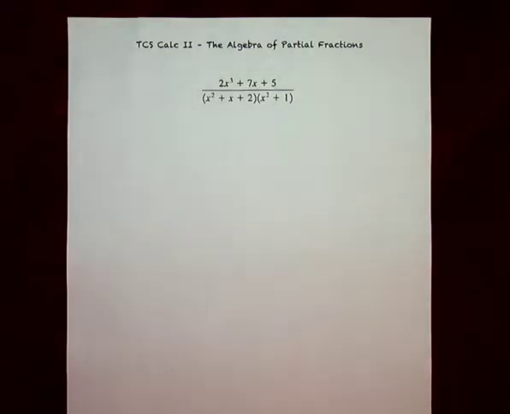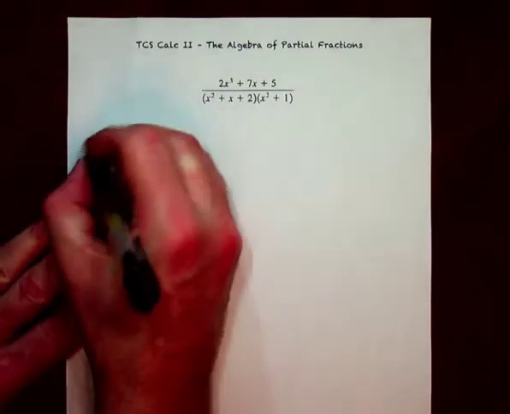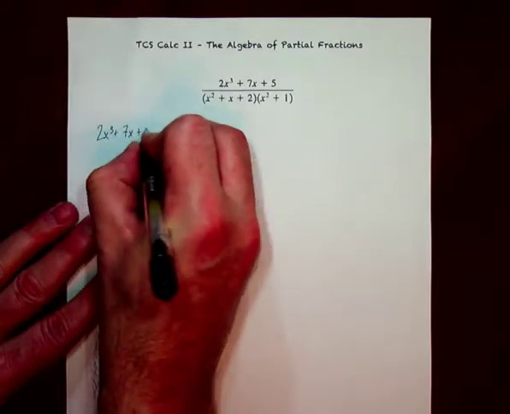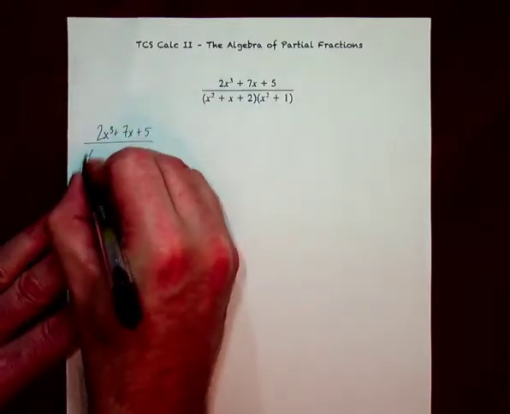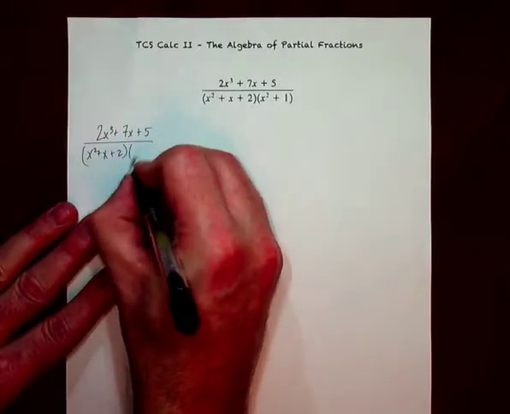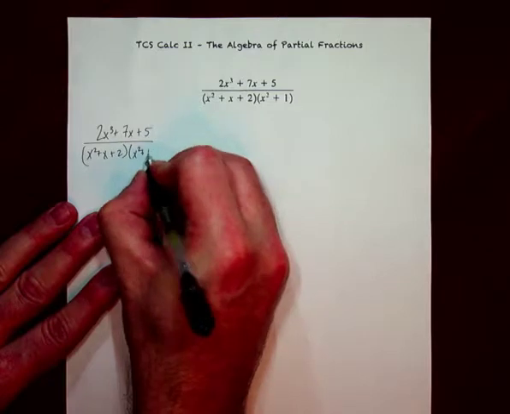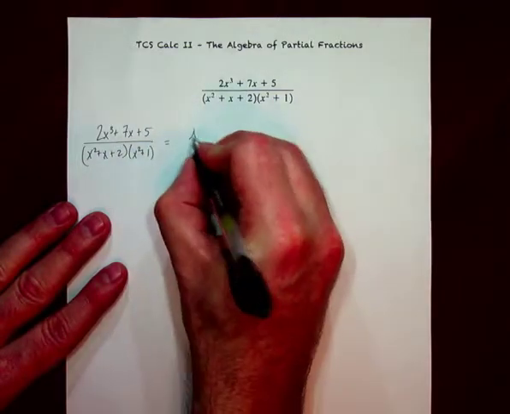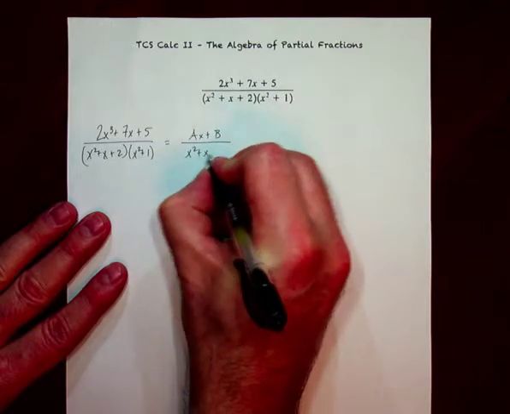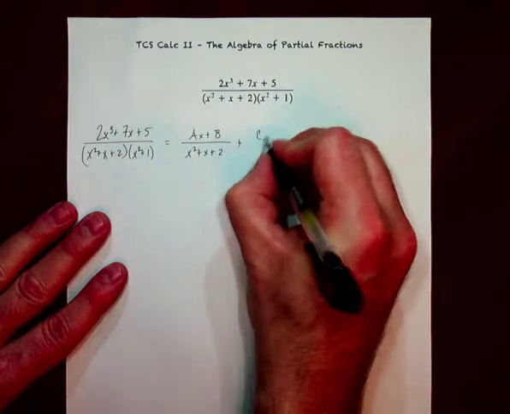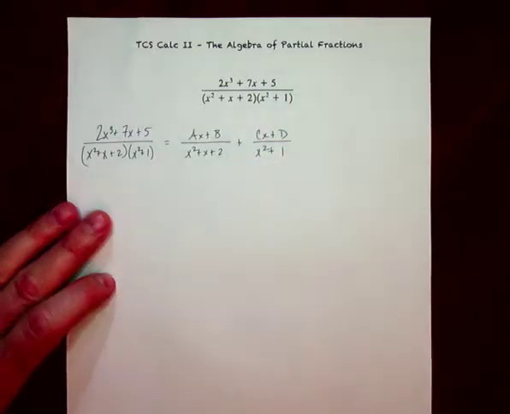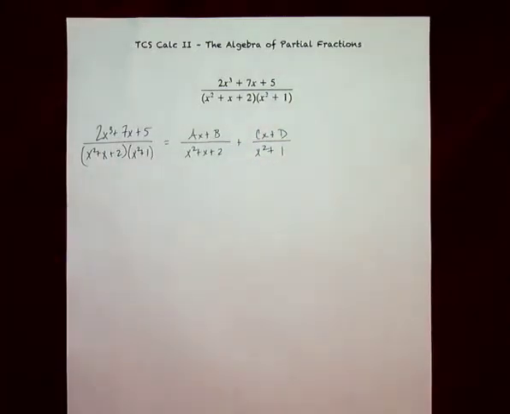This basically is a problem with 2 irreducible quadratics. So we have 2x cubed plus 7x plus 5 over x squared plus x plus 2, and then x squared plus 1. I'm going to get ax plus b over x squared plus x plus 2. Now, what's new about this is we actually haven't done one where we couldn't use the Heavyside method at all.